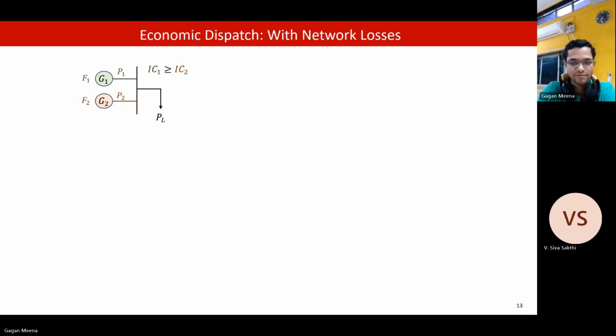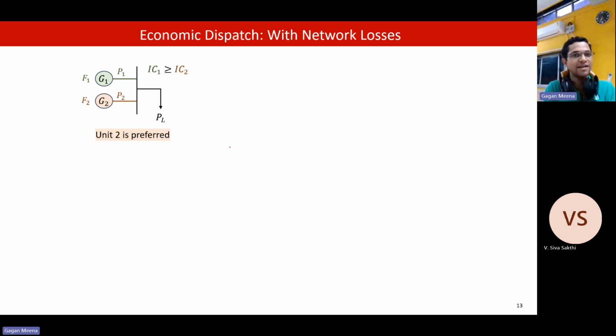Now, this is without network losses. Let's say there are 2 generators and both are connected on the same bus or very close, and the incremental cost of generator 1 is greater than generator 2, then generator 2 will be preferred because it is cheaper.